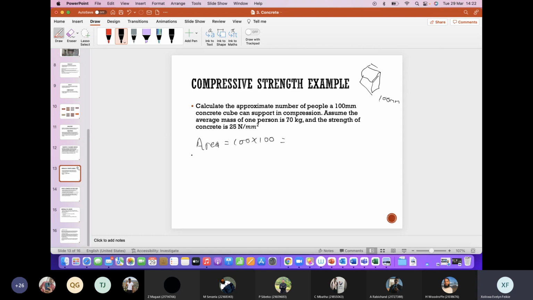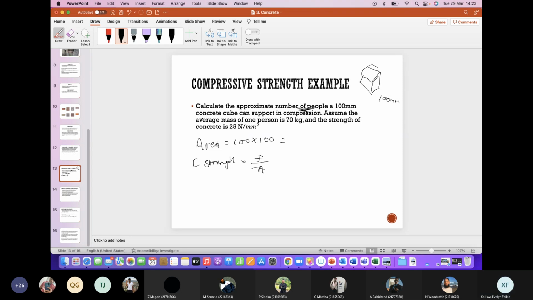They said to you that compressive strength, right? I'll just say compressive strength equals force over area. But they say they want the approximate number of people this cube can hold, or can support in compression.